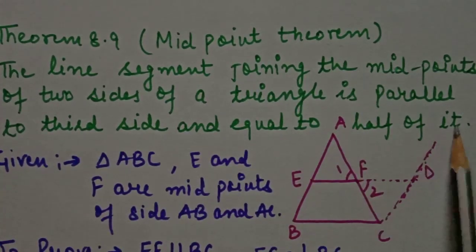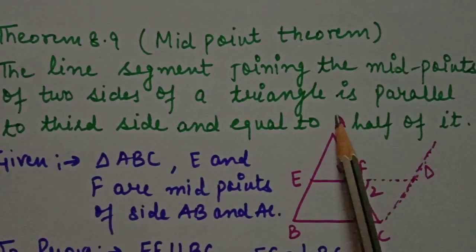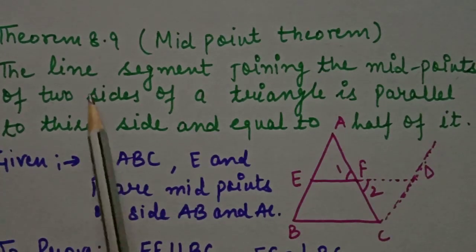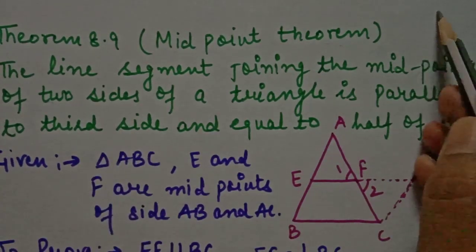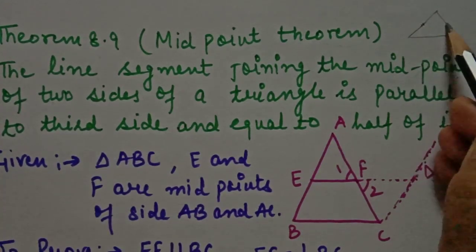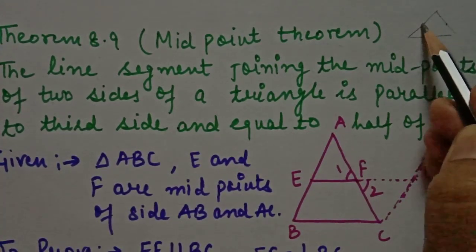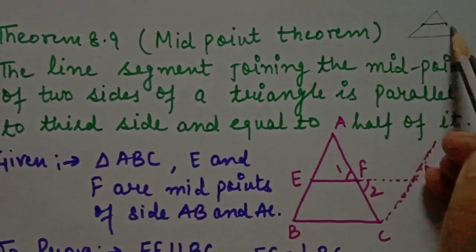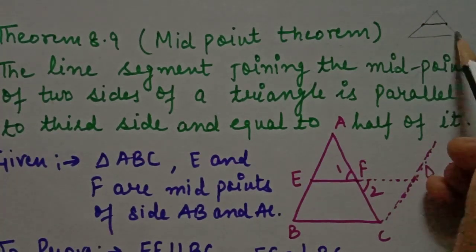to half of it. So students, the meaning of this statement is, if we join the midpoints of any two sides of a triangle, if we have a triangle like this and two midpoints like this, then we join these two midpoints of these two line segments of the triangle.